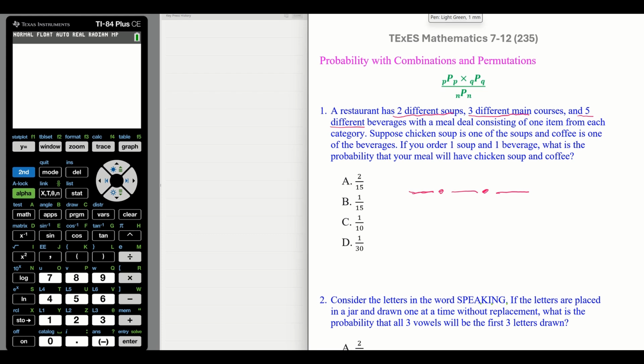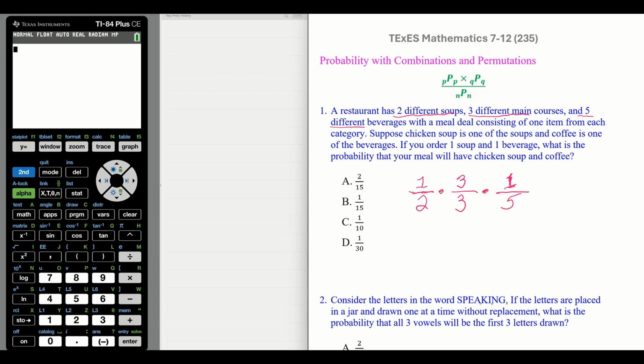So we have 1 soup out of 2 soups. And the problem doesn't specify the main course, so that is just going to be 3 out of 3. We're going to get one of them, and we don't care which one. But for the coffee, we're thinking 1 out of 5.